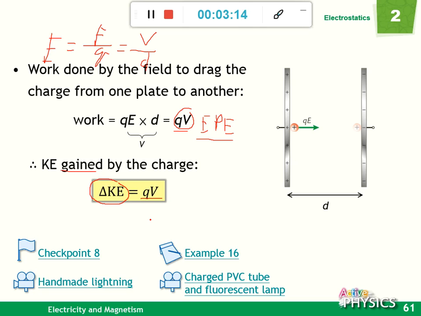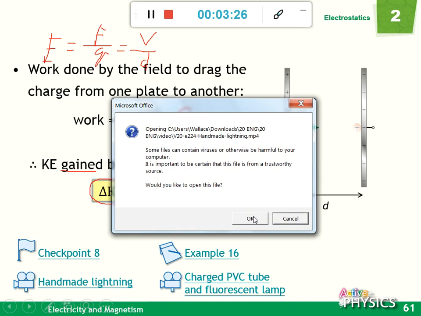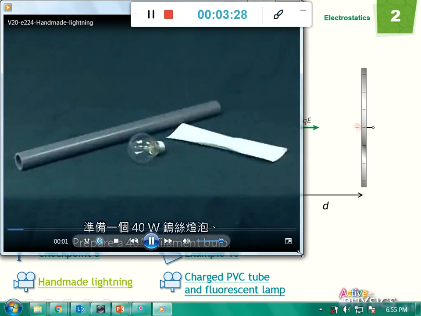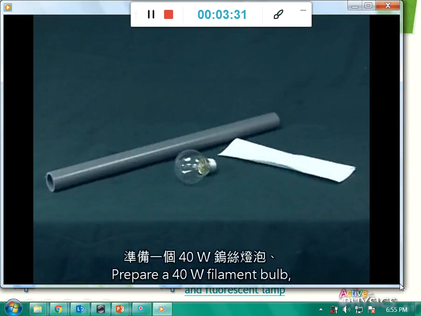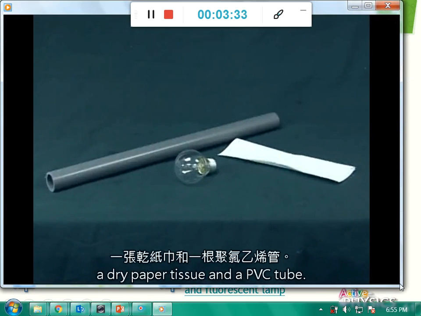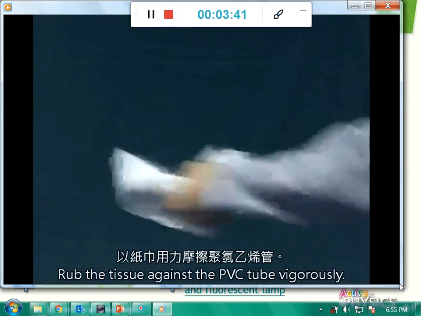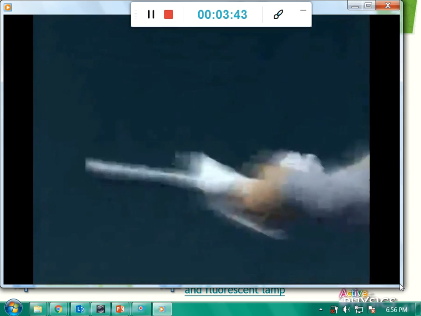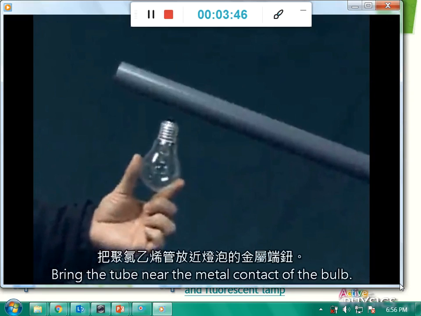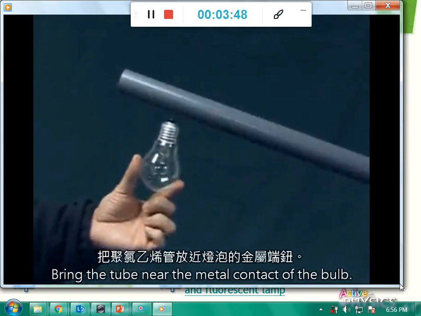Try to look at this. Handmade lighting. Prepare a 40-watt filament bulb, a dry paper tissue, and a PVC tube. Rub the tissue against the tube vigorously. Bring the PVC tube near the metal contact of the bulb.